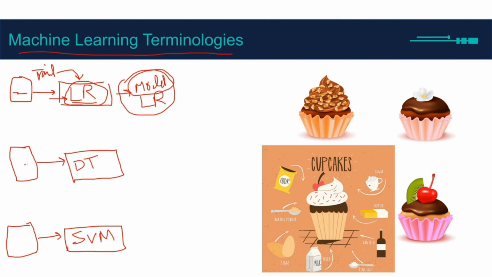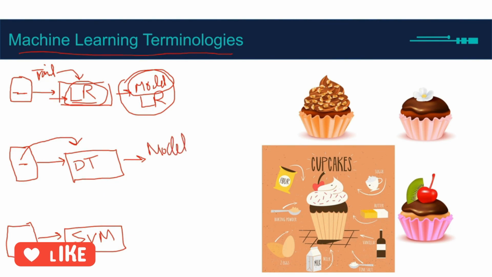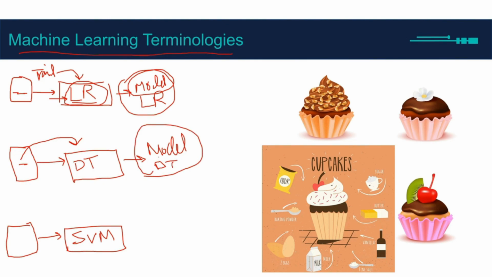Same thing here. I have data, I trained it on the decision tree. After the decision tree learned from the data, it created another model, and this one is called the decision tree model. Why decision tree model? Because this model was created when the decision tree learned, in other words found the patterns in that data.